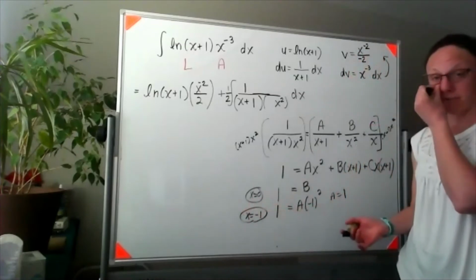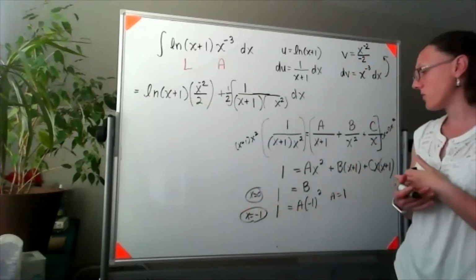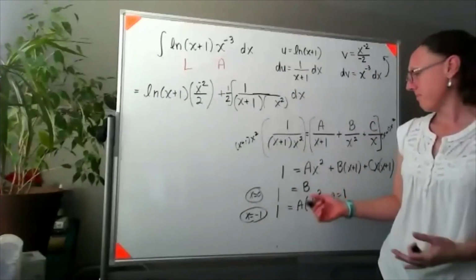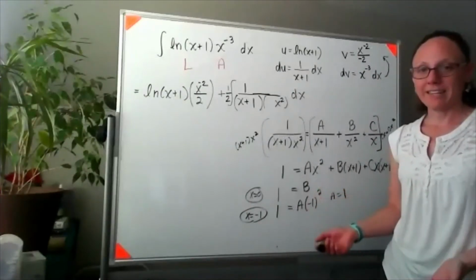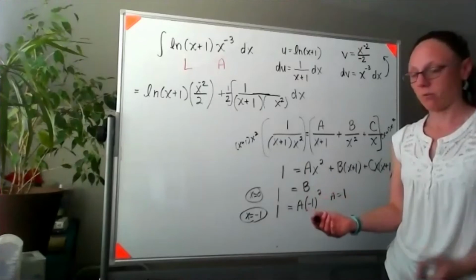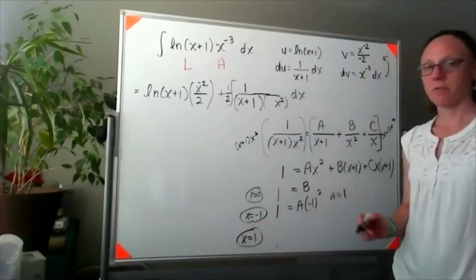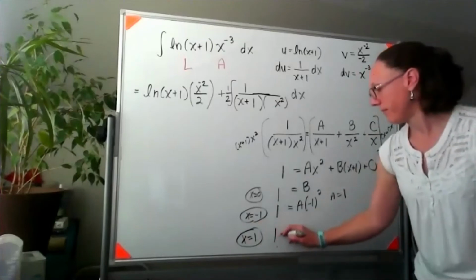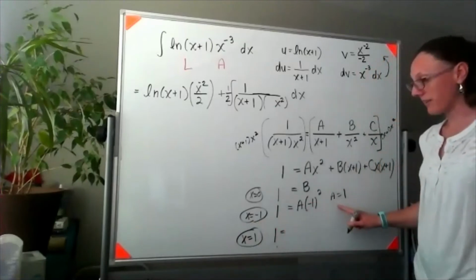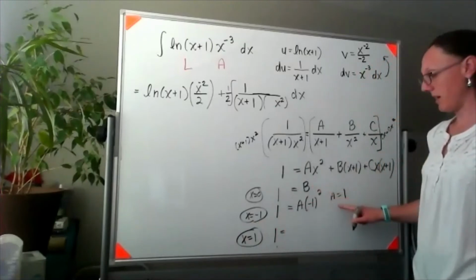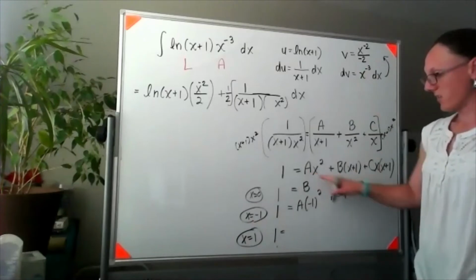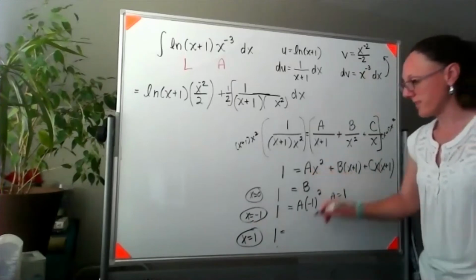For our last value to plug in, we can choose anything we want. Just make sure it's something easy for you to do the math with. I'm going to choose +1. So if I plug in +1, and I keep in mind that I already know the values of A and B, this is going to look like 1 times 1 squared.